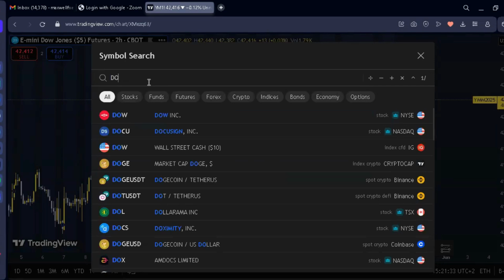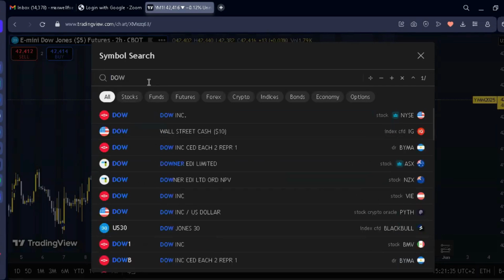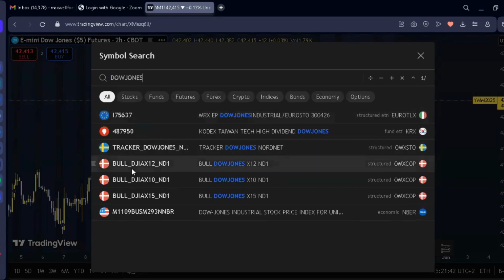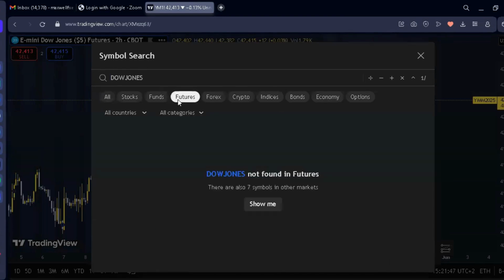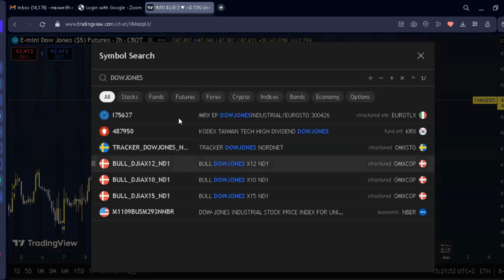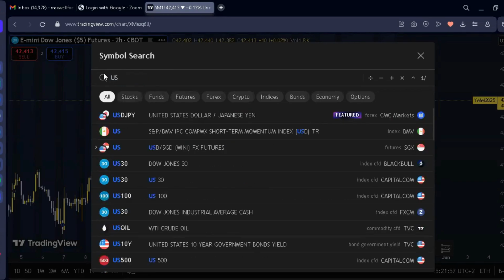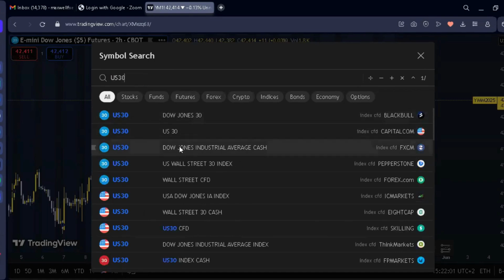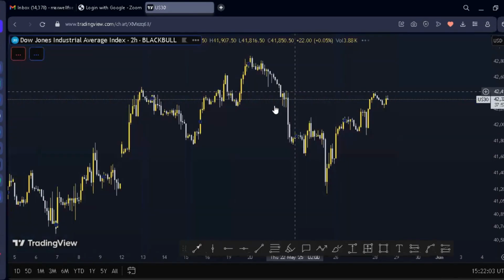Dow Jones is the US 30. US market is now open. I see nothing on the futures. Or let me just go US 30. For some reason, I like analyzing the futures chart.